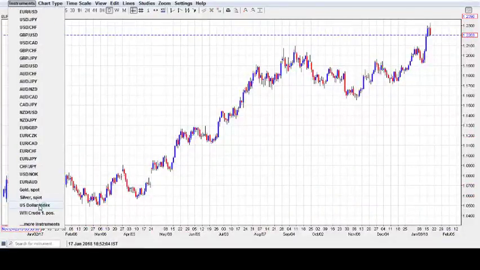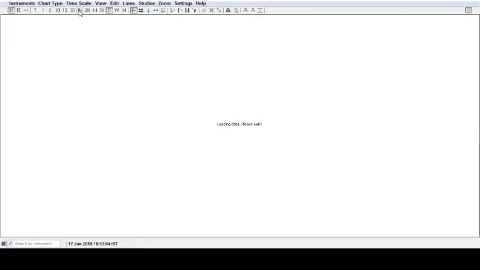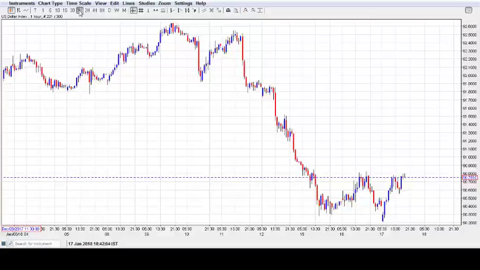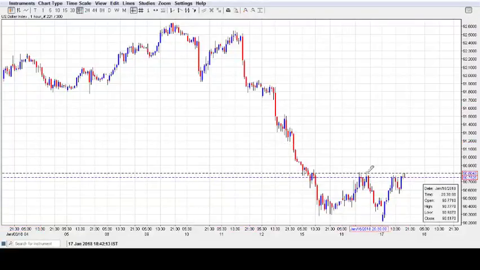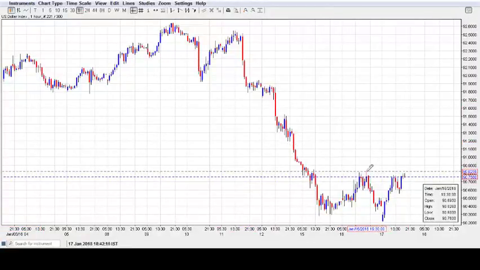So the dollar index on the short term view has now completed a small impulse, as you can see here, and the first small resistance is coming in at 90.83.